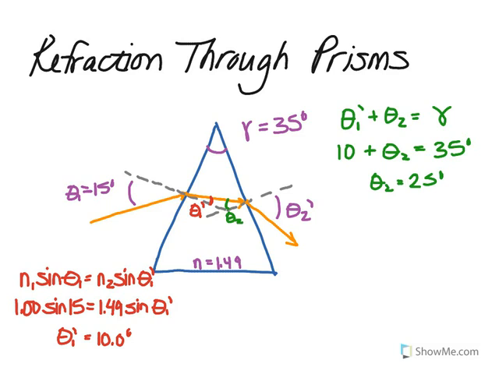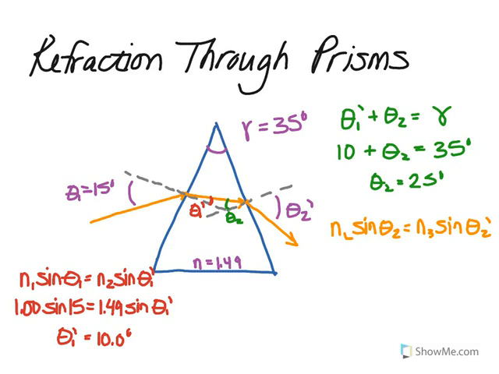And then you can continue to use Snell's law again. N2 times the sine of theta 2 equals N3 times the sine of theta 2 prime.